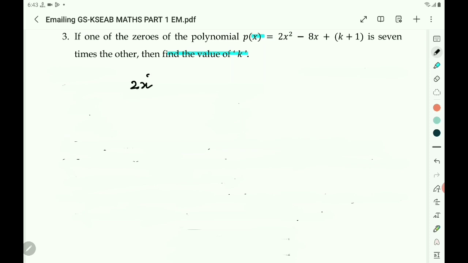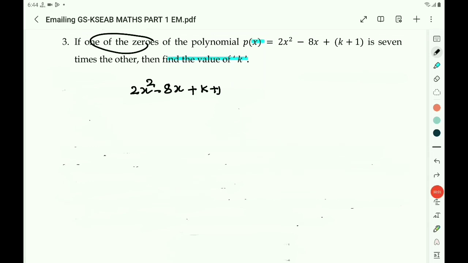x square minus 8x plus k plus 1. One of the zeros is 7 times the other. So write the values of a, b and c. A is the coefficient of x square, that is 2.